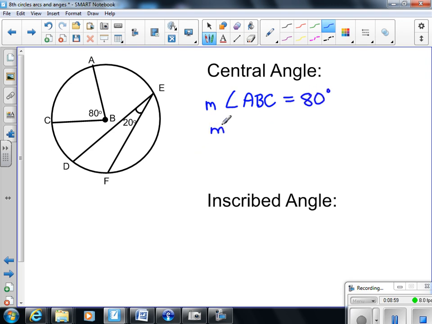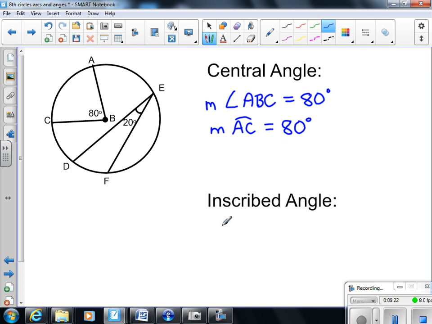Okay, what is the measure then of that intersecting arc, which you call the arc AC? What's the measurement of arc AC? Good, it would also be 80 degrees. They're the same. Central angles, their measurements are the same as the arcs that they intersect.